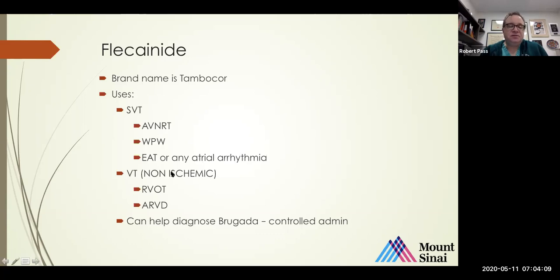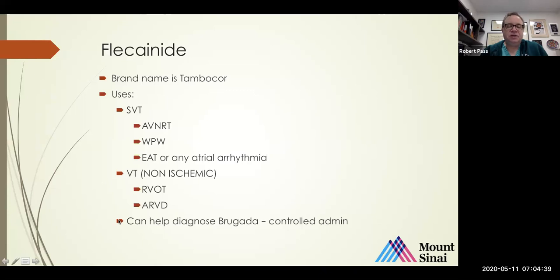It can be used for VT, particularly for RV outflow or ARVD types of VT, but generally speaking, because most other agents are superior for this indication, we don't usually use it for these causes. I think Barry sometimes has some VT patients on flecainide, but generally speaking, we don't use it for that purpose because there are other agents that are equivalently good that are probably less dangerous.